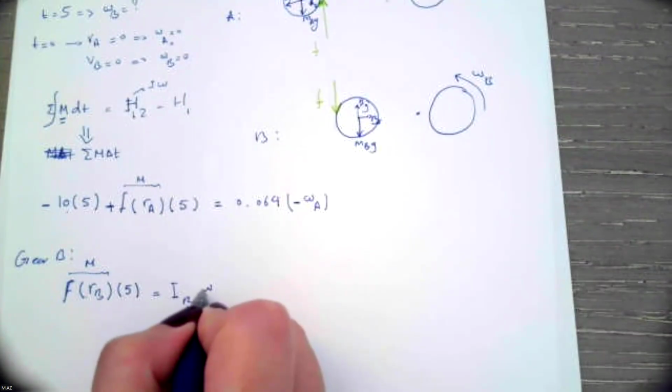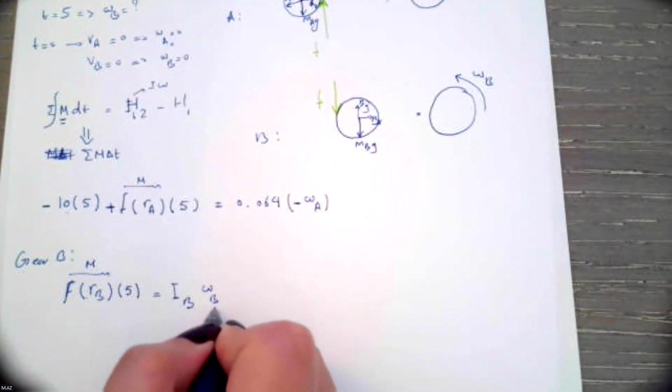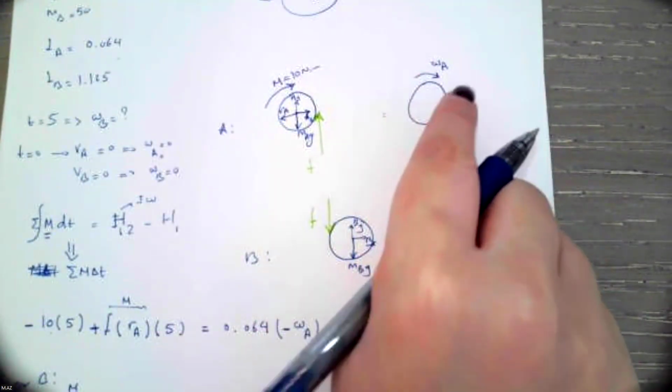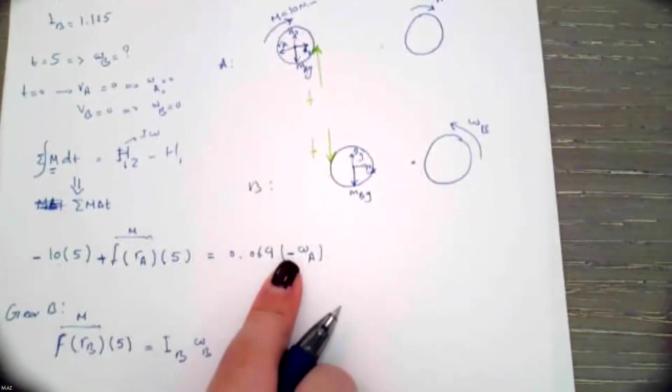For this reason, omega B is positive. But disk A is clockwise, for this reason negative.